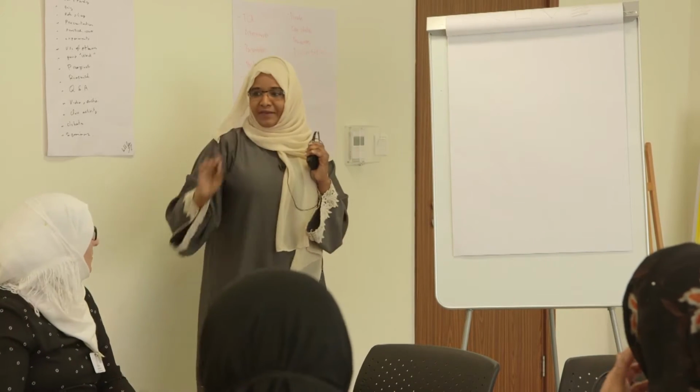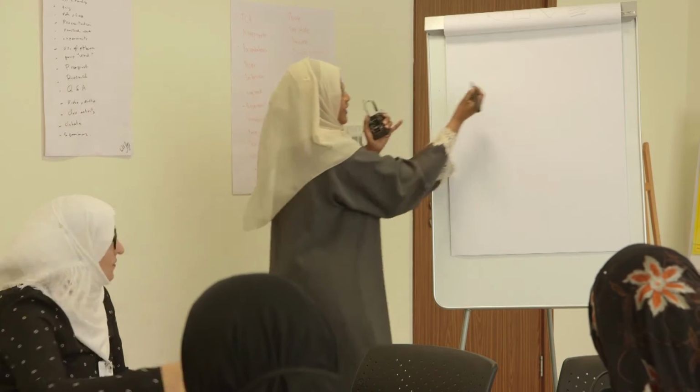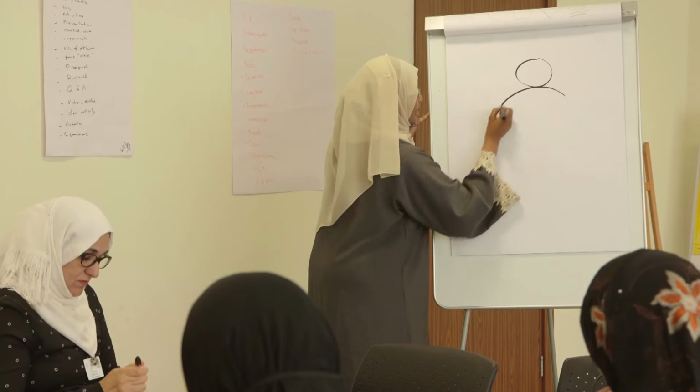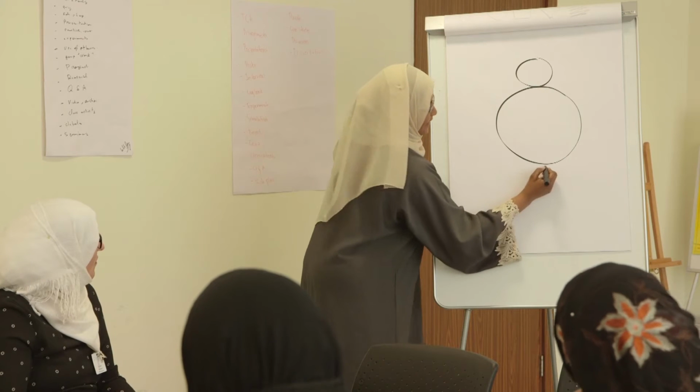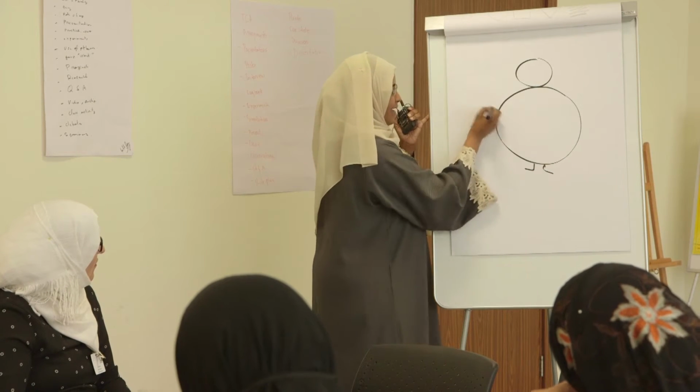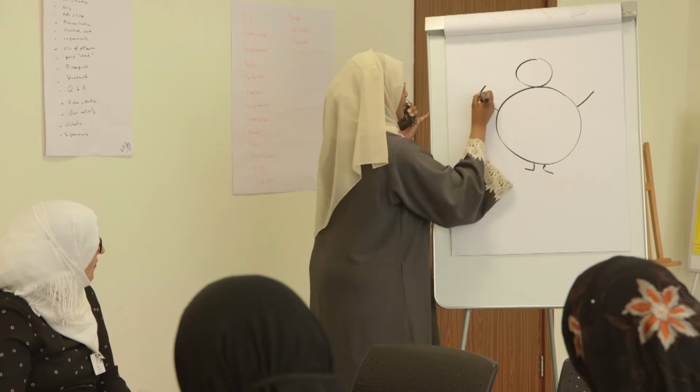Let's choose the circle. Now, look at this man. He's very fat and he would like to lose weight. So he's trying to play with the dumbbells. How? Start with the head. And this is the big body. And the hands holding the dumbbells.